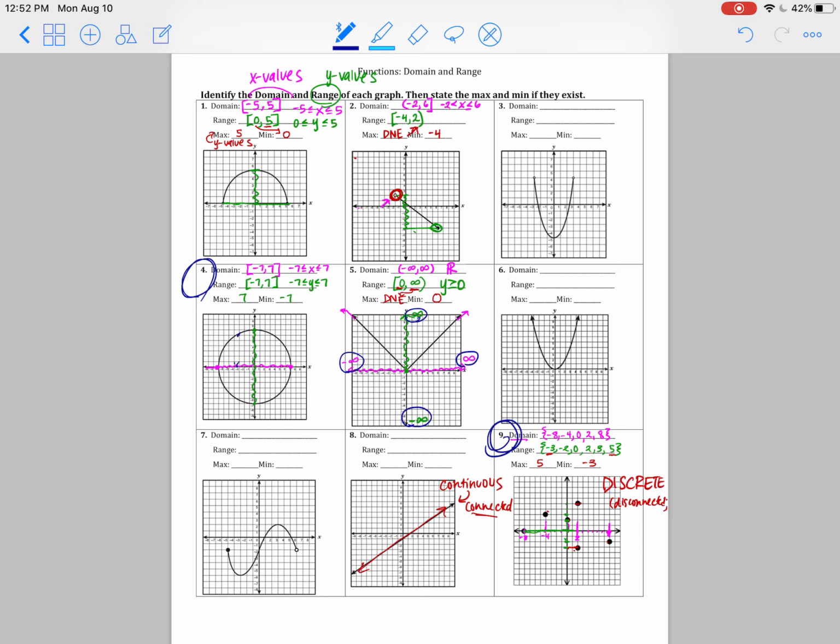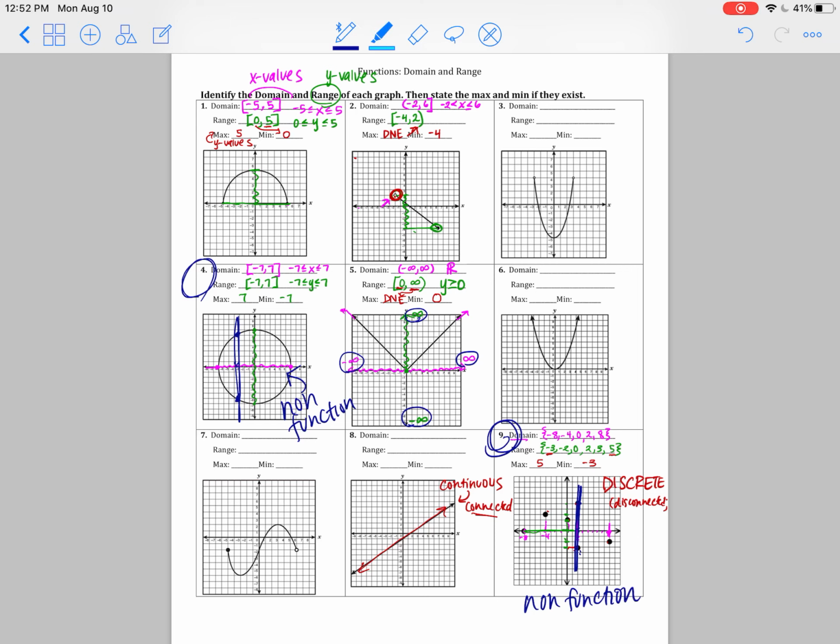Anytime an x value has two different y values associated to it, it's a non-function. Because it fails a vertical line test. And so number 9 fails the vertical line test because x = 2 has two different outputs. So that is another non-function.